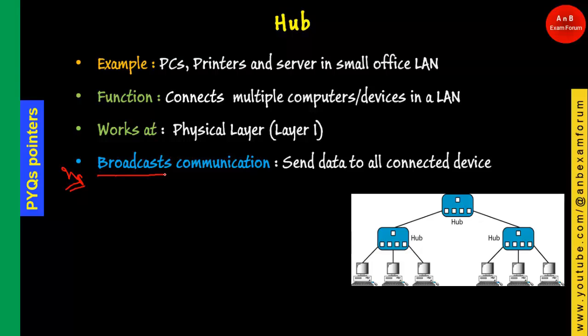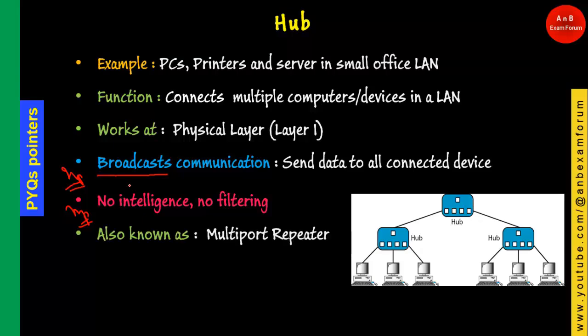Suppose I want to communicate with this computer, I can, or I can communicate with that computer, since it is connected to a central point in the star topology. And since it works on the physical layer, there is no intelligence or filtering in it. This is again a very important pointer he can ask.